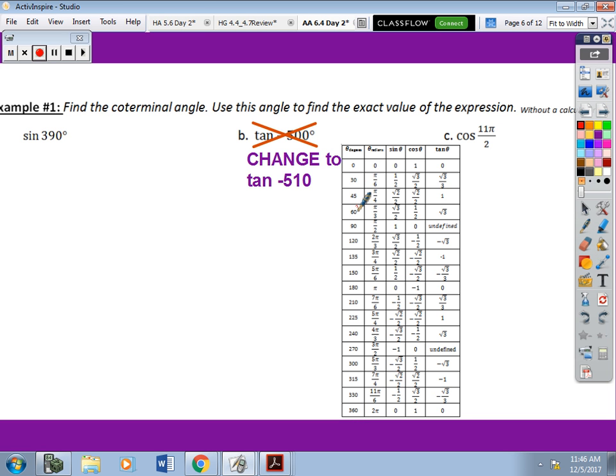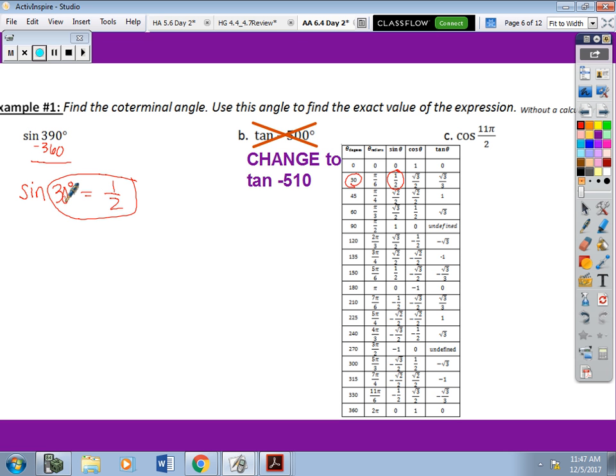Since this is a positive angle, we subtract 360 to get that the coterminal angle is 30 degrees. 30 degrees is in my chart. I go to 30, I look at the sine. The sine is 1/2. Both of those are your answers because they asked you to find the coterminal angle and then use that angle to find the exact value of the expression.